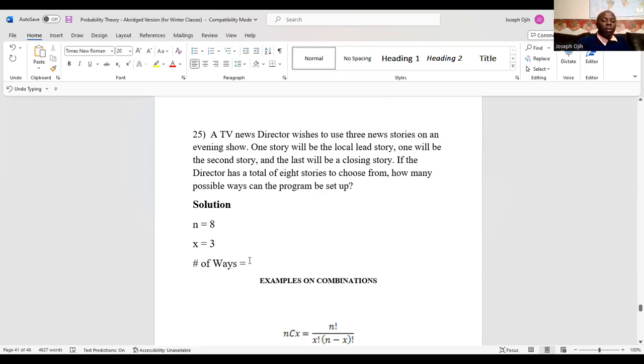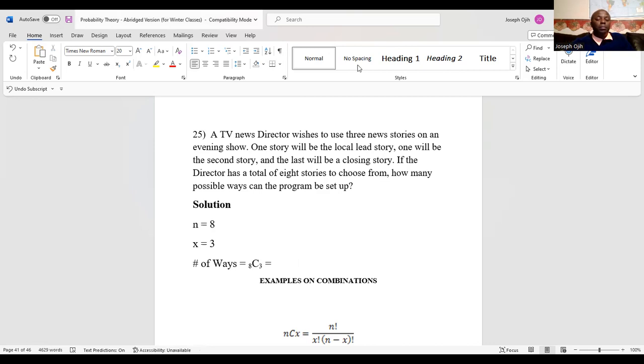So number of ways now becomes 8 permutation 3. That means we're going to do 8, 3 in the calculator.